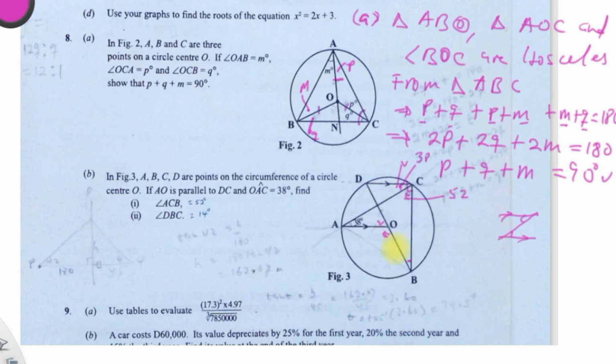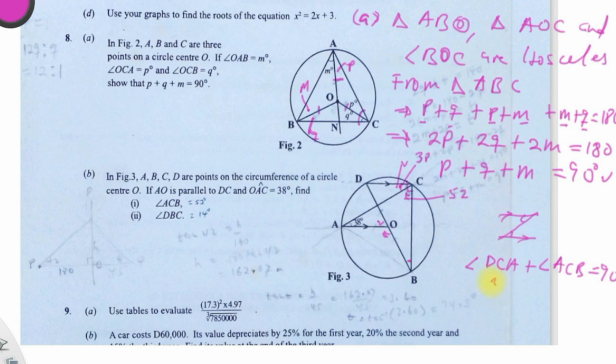And then we also say that DB is the diameter, which forms angle 90 degrees at the circumference. It implies that angle DCA plus angle ACB, which we are asked to find, gives us 90 degrees. You add them, you get 90 degrees.